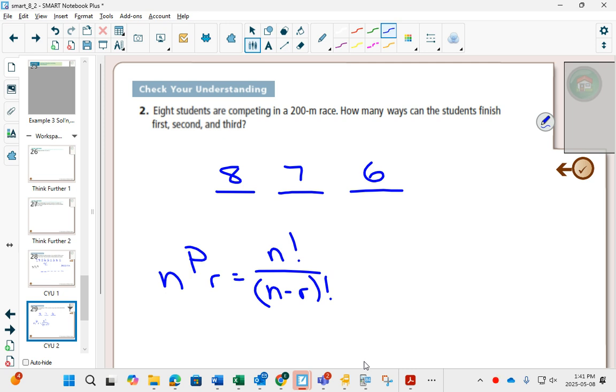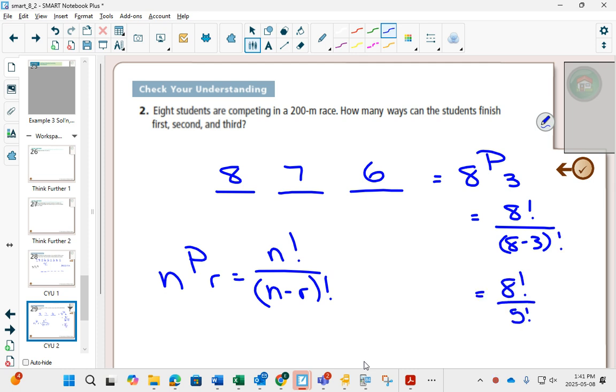So what it means, in this situation, this is the same as 8P3. You have 8 objects and you are arranging 3 of them. According to the formula, this would be 8 factorial over 8 minus 3 factorial, which is 8 factorial over 5 factorial.